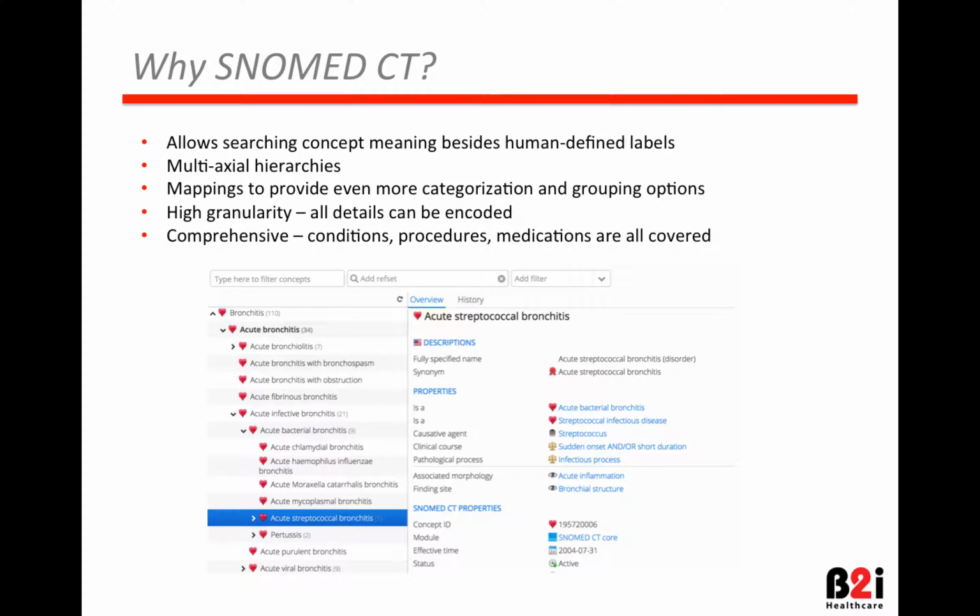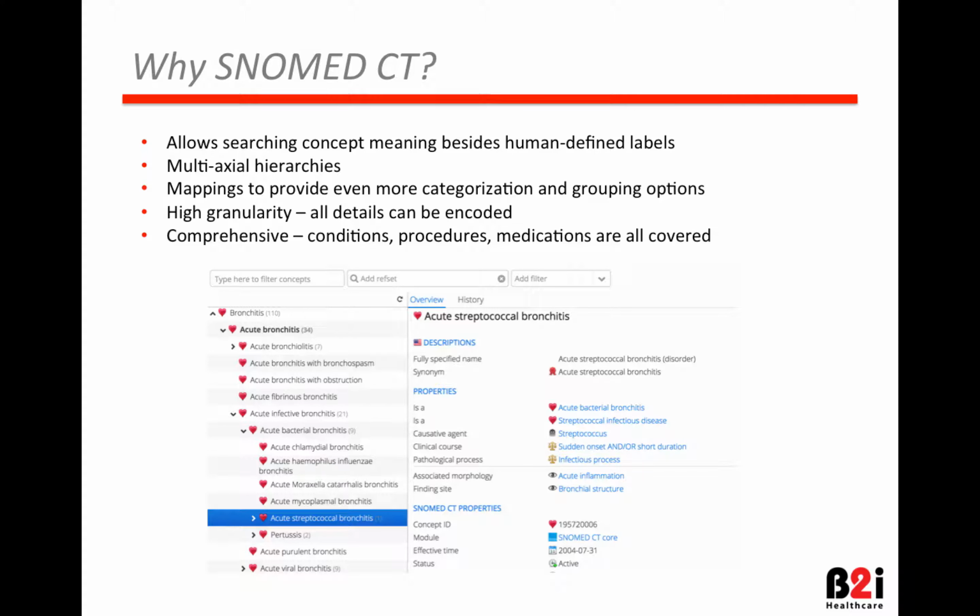Clinicians do a thorough review on this content before it gets published and before it gets used. So these definitions are clinically correct and validated, and they are also machine processable.